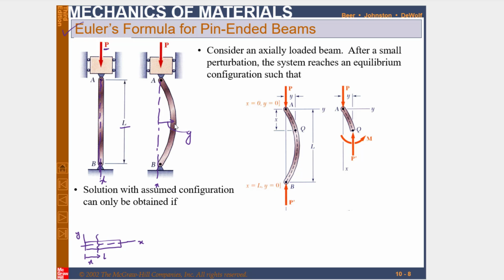So this deflection will be measured in the horizontal direction. Along the length of the column you will take the distance x, and the deflection will be measured in the horizontal direction.